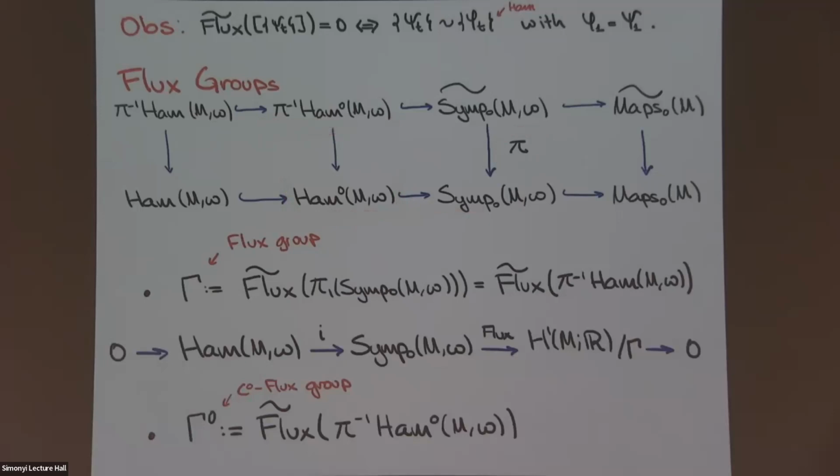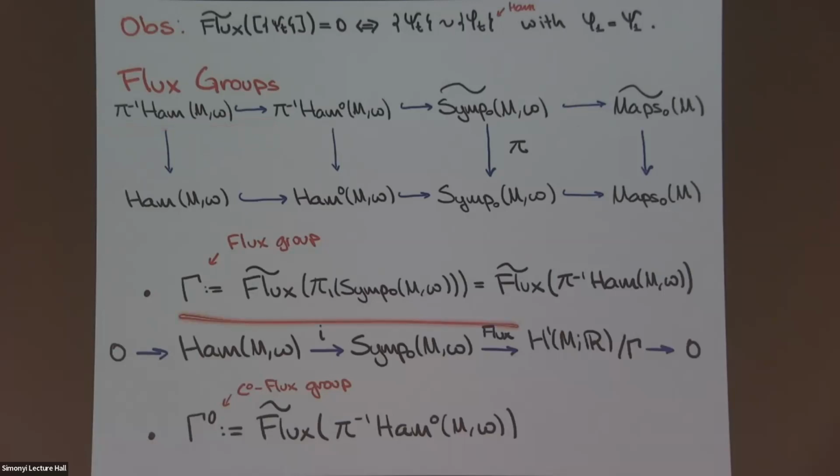So what are these? These are classes in the universal cover of Symp_0 that can be represented by symplectic paths based at identity and whose endpoint lies in Ham_0, so in the C0 closure of Ham. And similarly, the preimage of Ham, but these endpoints are just Hamiltonian.